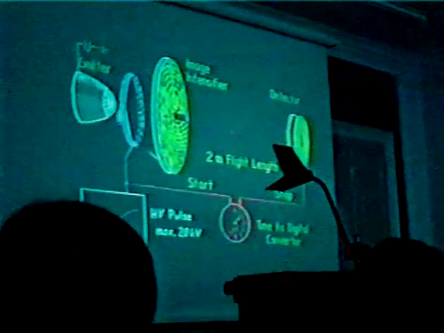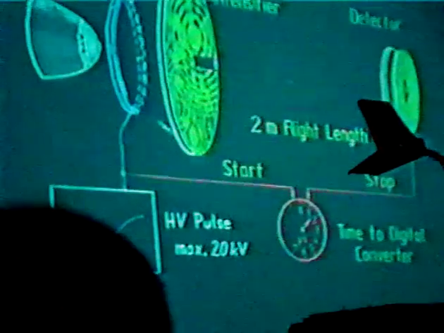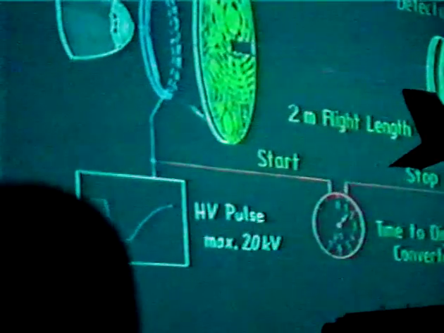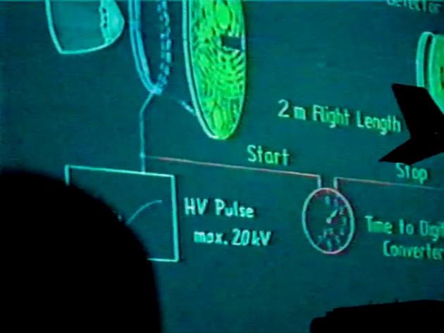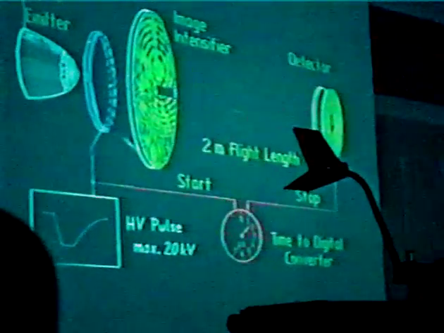Using this technique, we can also make dynamic measurements. This electrode can produce field pulses, and the repetition rate of these field pulses gives us the possibility to measure the reaction dynamics. And this I will show in the next slide.